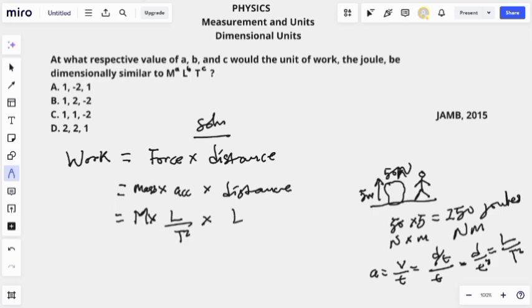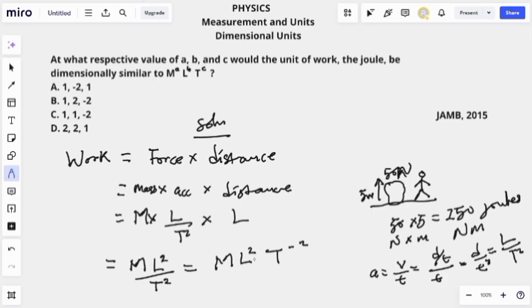Distance is a length, times L. So if you multiply that, it will be M, L times L is L raised to the power of 2, divided by t squared, which equals M L raised to the power of 2. This t that is on the denominator, raised by 2, according to the law of indices, if you take it to the numerator, the power will become negative. So that will be t raised by minus 2.